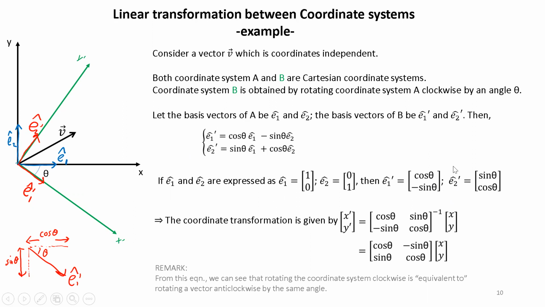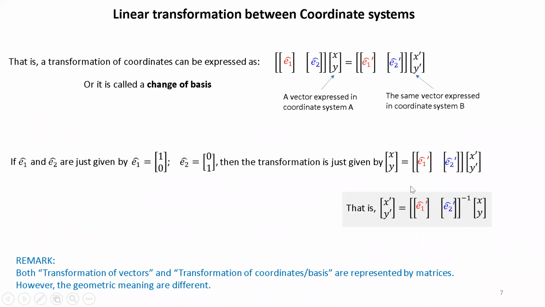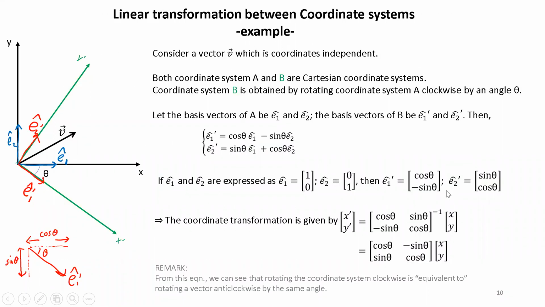And therefore the coordinate transformation is given by this matrix vector product, just following this formula here, which is the inverse of this matrix.